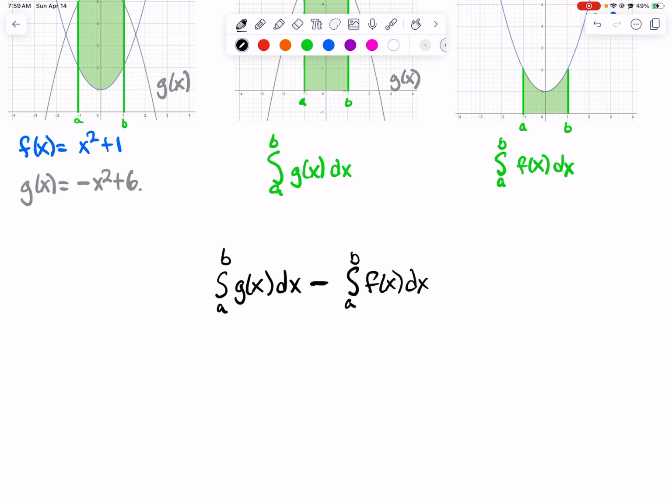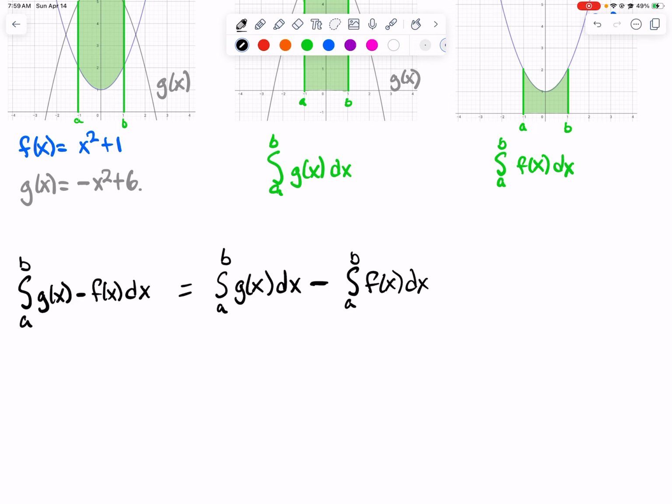We can even rewrite this to simplify it even more. So, rewriting it here, it's going to be the antiderivative from a to b of g of x minus f of x dx.